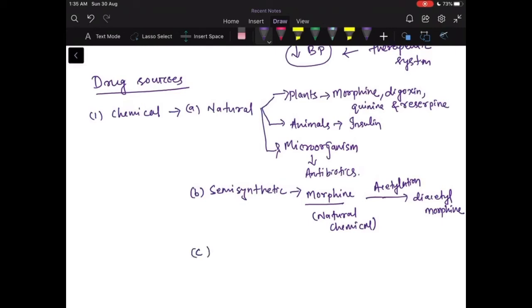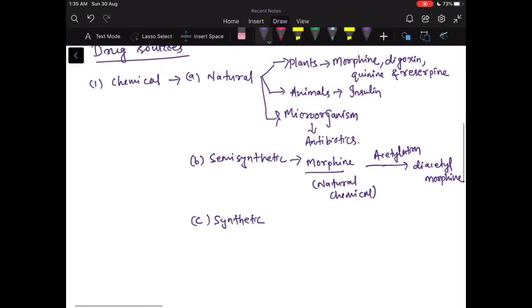After that, synthetic chemicals, and these are the chemicals that do not exist in the world, and we design a chemical in de novo synthesis. As I have told, synthetic chemicals are the drugs which are synthesized in de novo synthesis, and those chemicals don't exist in the world.